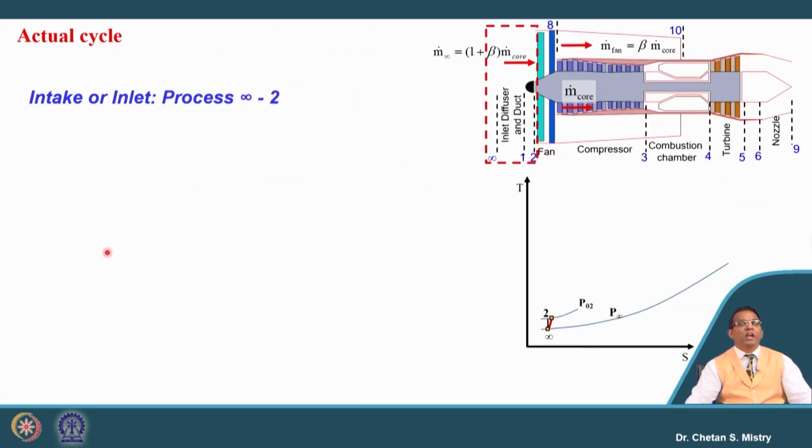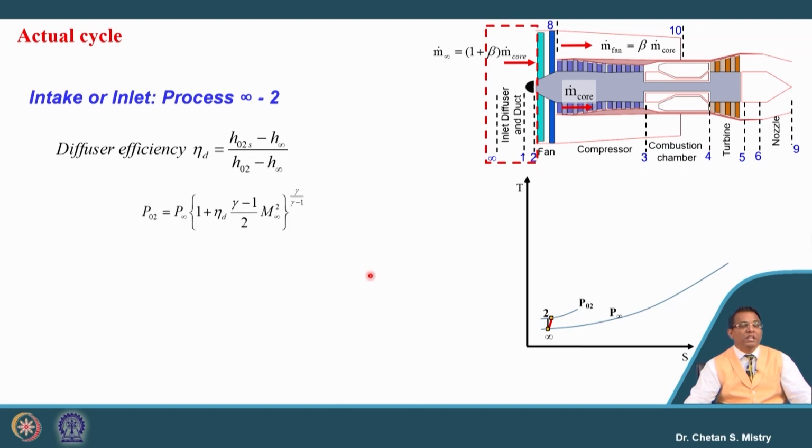So, let us try to realize the actual cycle. The very first process we say is the intake or the inlet. We say that as an infinity to 2 process. Here in this case we have our diffuser. For the diffuser, the component efficiency we say as the diffuser efficiency. This diffuser efficiency we can correlate in terms of pressure ratio.